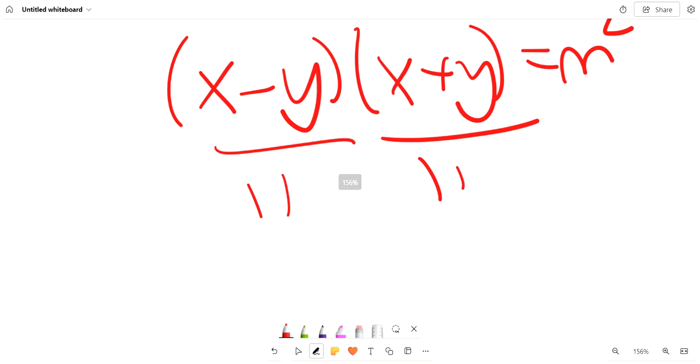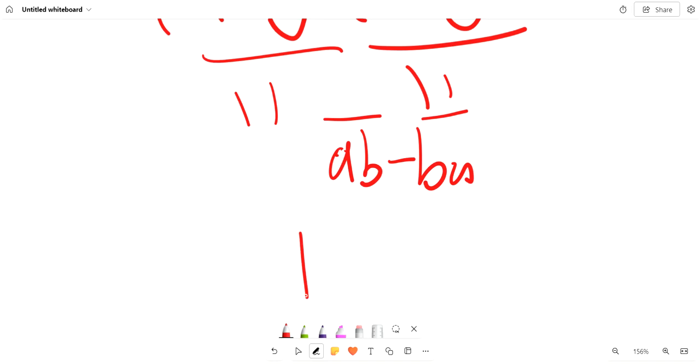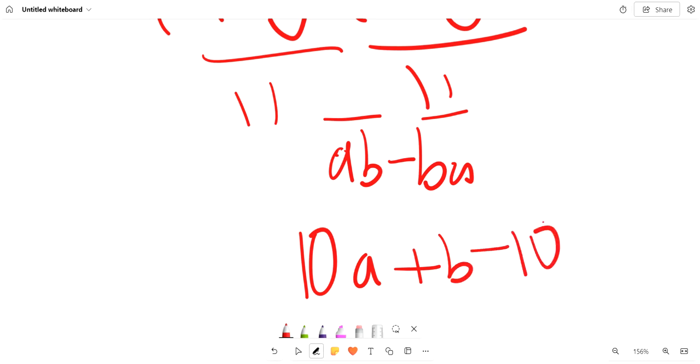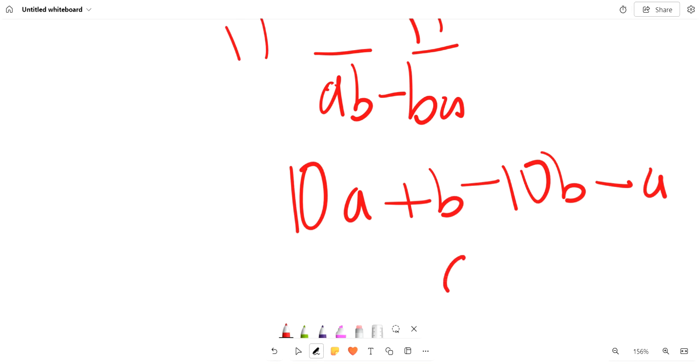11 squared. So we can see what x minus y would be: AB minus BA is 10A plus B minus 10B minus A, and we get 9A minus 9B, which is divisible by 9.